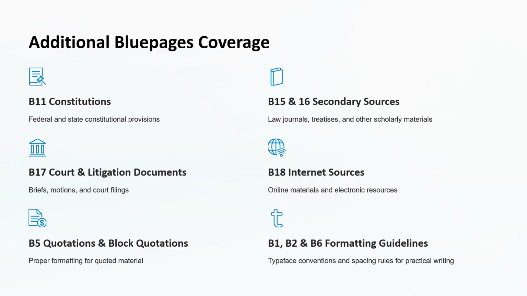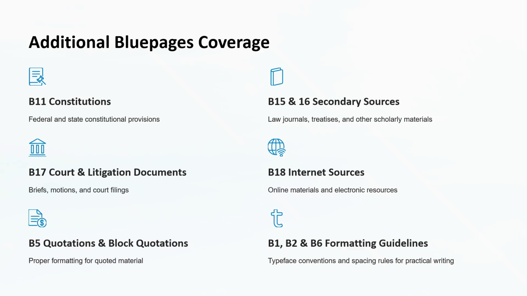Additional blue pages coverage that you might be interested in: B11, B15 and 16 are secondary sources, B17 is court and litigation documents, B18 is internet sources, B5 is quotations and block quotations, and B1, 2, and 6 give you formatting guidelines.